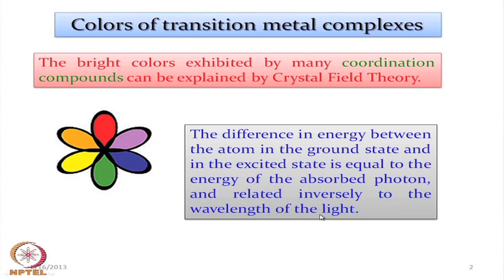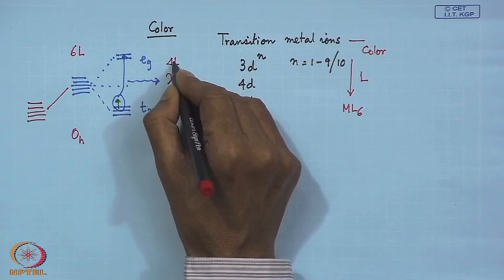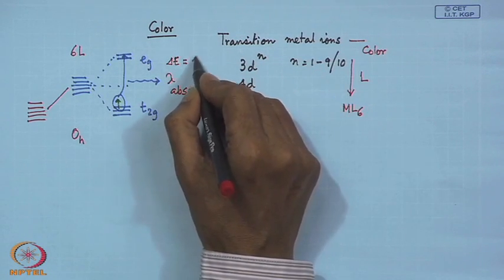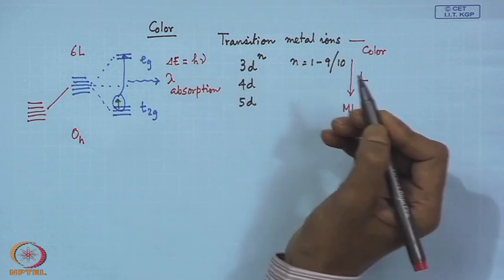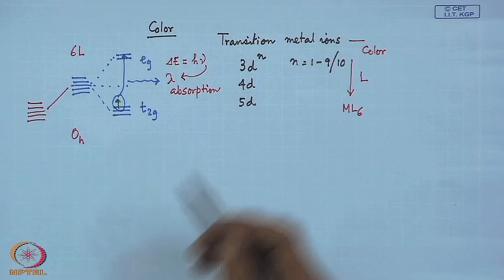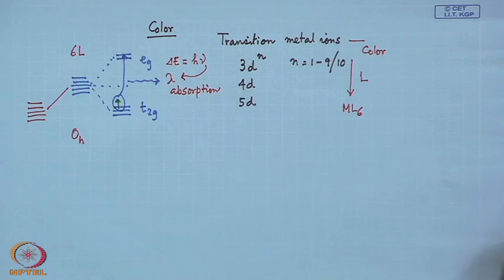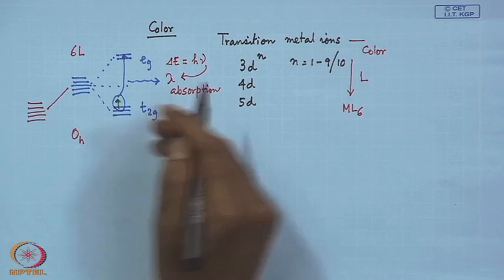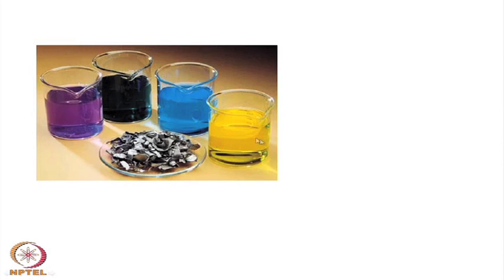Once we know the corresponding energy gap, which is delta E, we can correlate this delta E with h nu, and then nu can be correlated with the lambda value. So, basically what we are recording in the electronic absorption is the corresponding lambda values. So, what we see there are very beautiful colors.